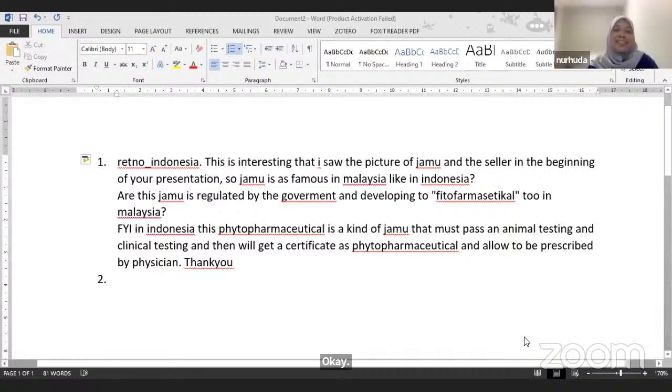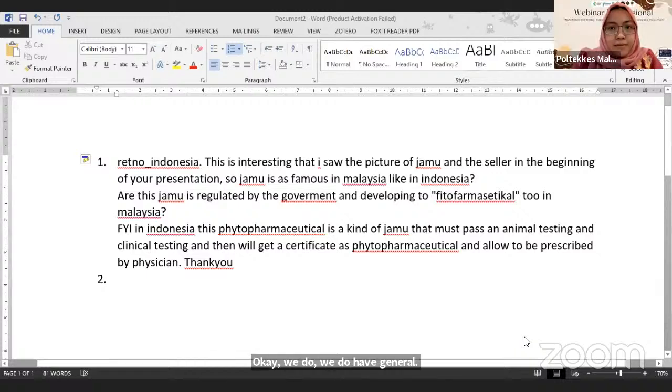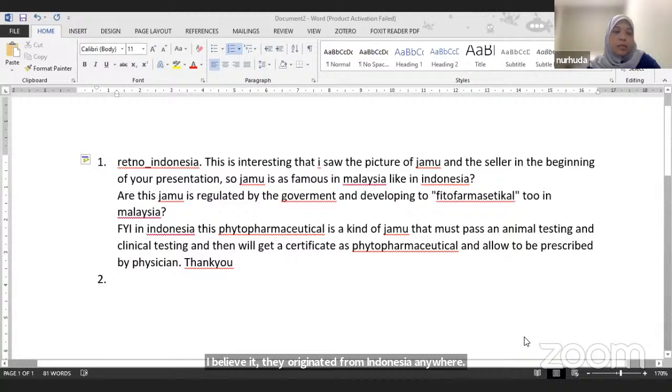Okay, we do have jamu. I believe it originated from Indonesia anyway. What we have here are herbal products from Malaysia. We have a mushrooming growth of traditional medicine companies in Malaysia, and we do have regulation, but not at the advanced level of animal testing and clinical testing.